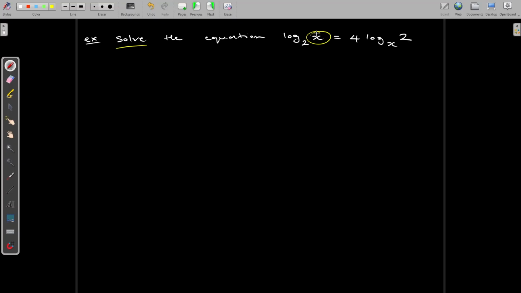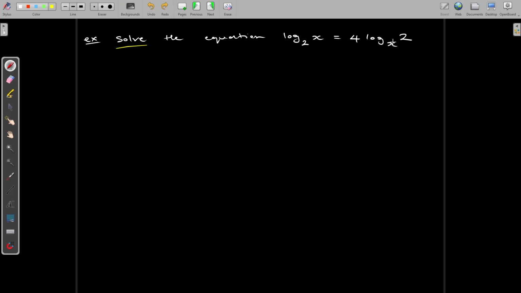We also have an x here in the base position. So in order for us to get rid of this x from the base position, we'd have to convert this part of the question to base 2.